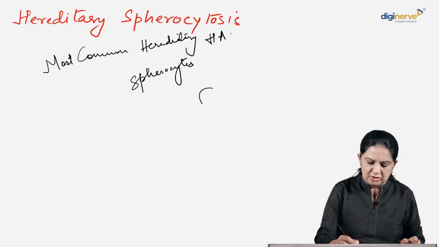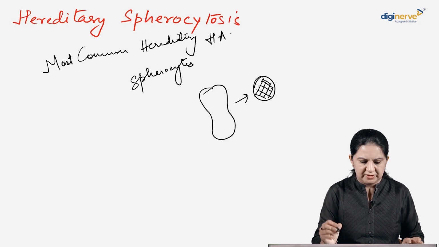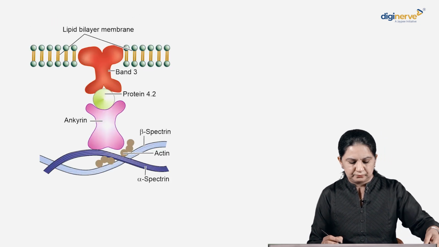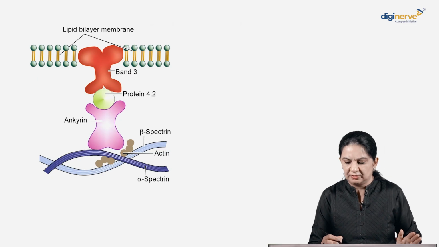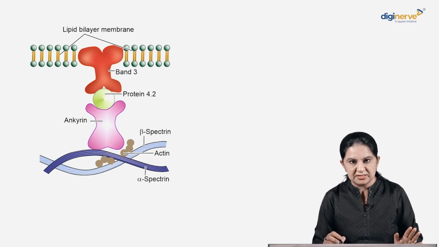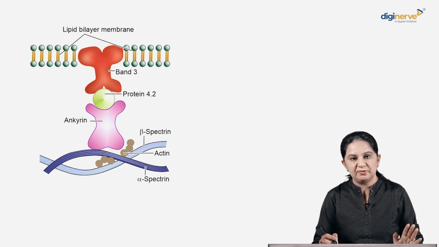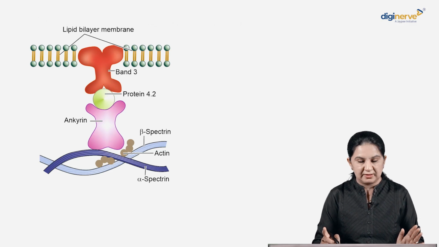We all know this is the normal shape of the RBC. This becomes like a sphere. So what actually is the pathology here? We have studied the various structural proteins in the red cell membrane. The most important protein responsible for the shape of the RBC, what was it? Spectrin.